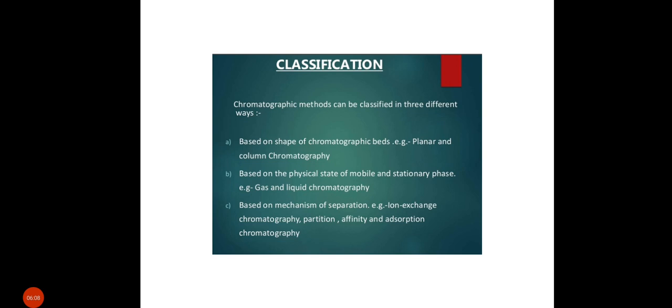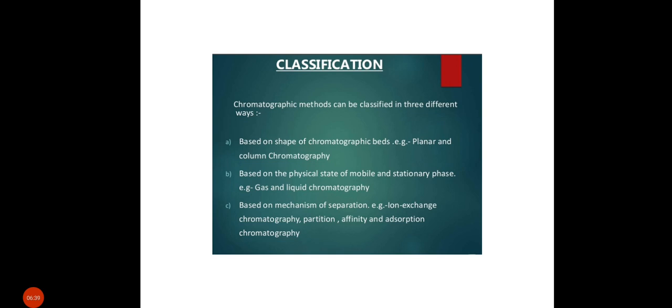If the classification is based on the physical state of mobile and stationary phase, then there are two types: one is gas chromatography, second is liquid chromatography. If the classification is based on mechanism of separation, then the types are ion exchange chromatography, partition chromatography, affinity chromatography, and adsorption chromatography.